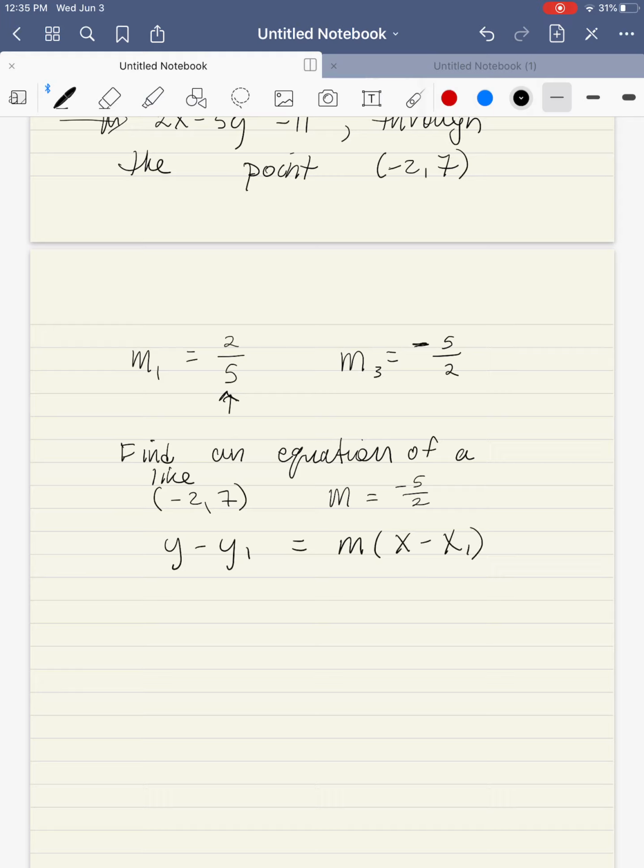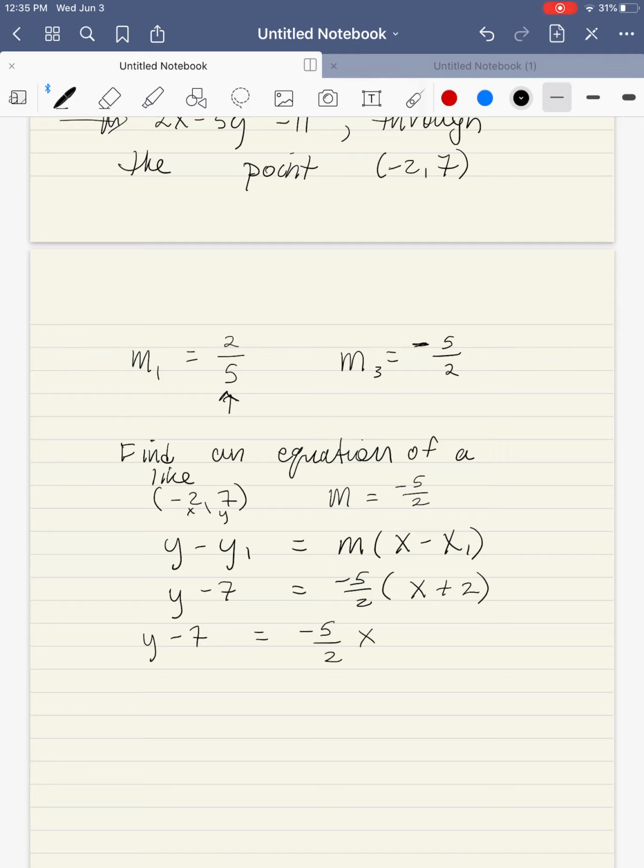So I use my point slope form, and I plug in my numbers. This is X, this is Y. And we already saw that minus -2 is X plus 2.